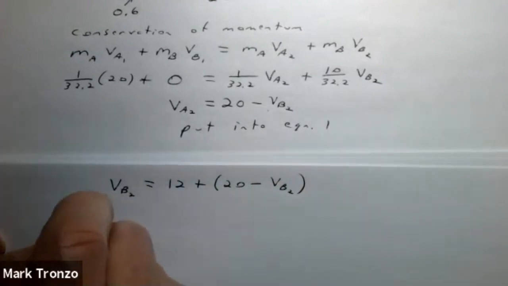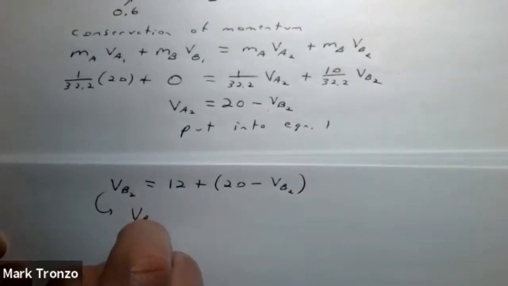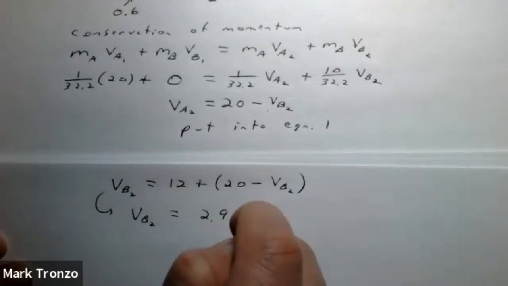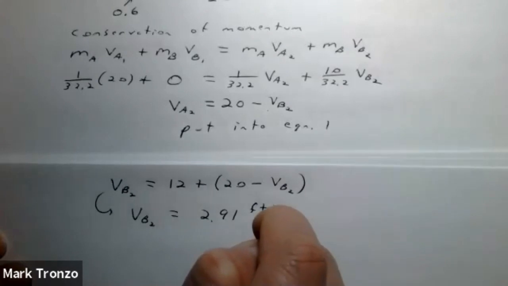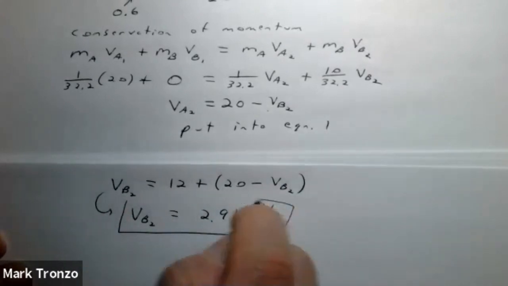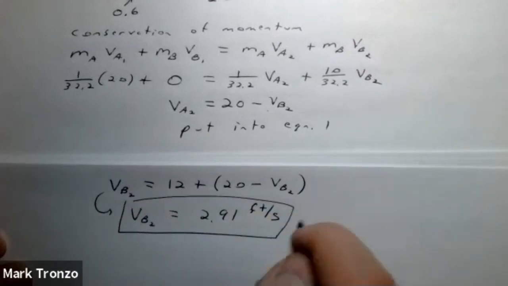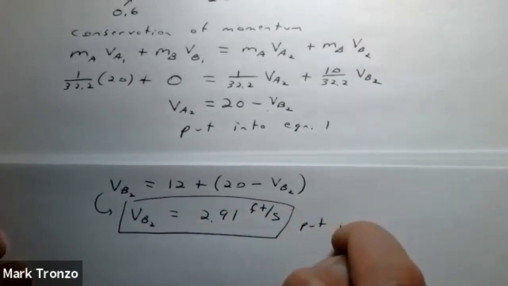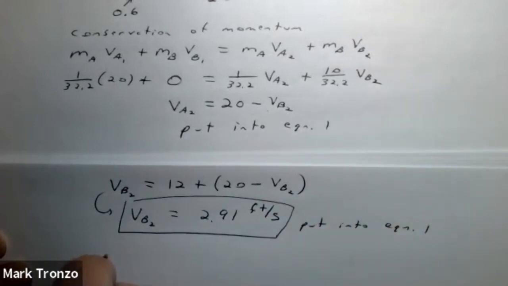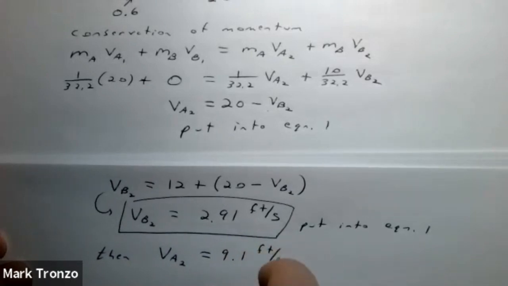And then when you rearrange this and solve, you get VB2 is equal to 2.91 feet per second. Then put that into equation 1 and solve for A. Then VA2 is 9.1 feet per second.